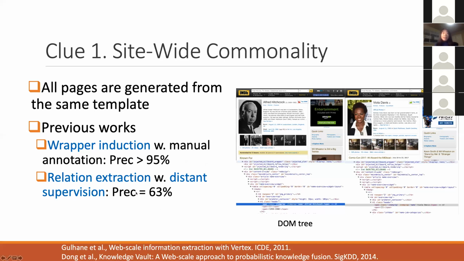Another stream is relation extraction. So the idea there is, when I look at the HTML code, let me just treat it as normal text, and then I could apply the same techniques for relation extraction on normal text. So we will apply distant supervision to generate the training data.